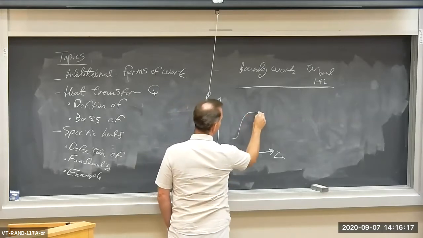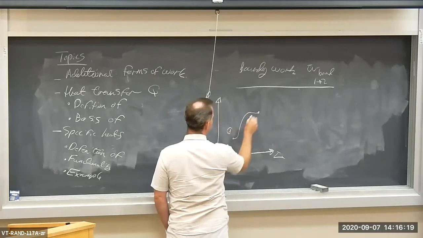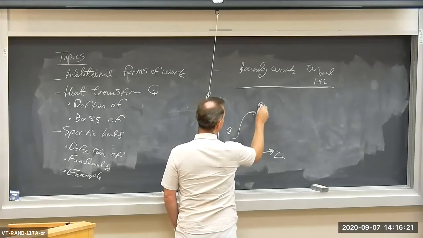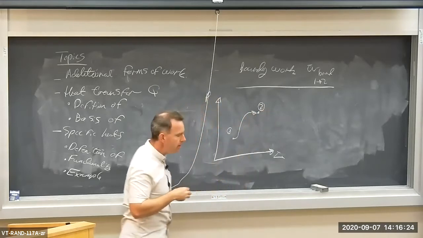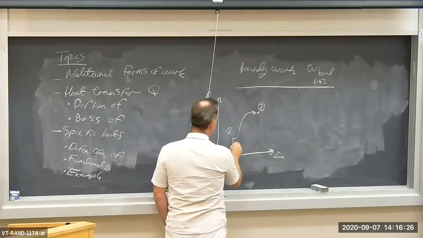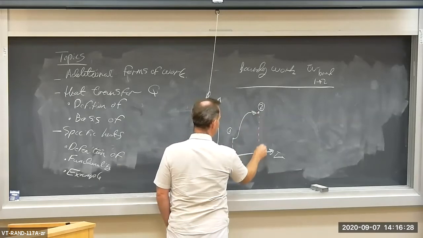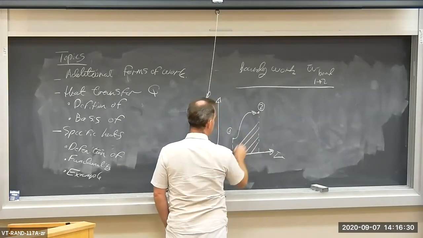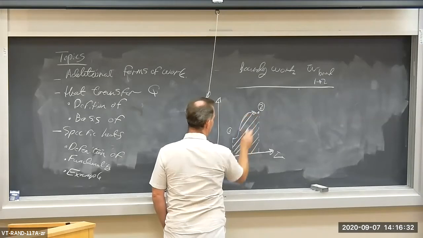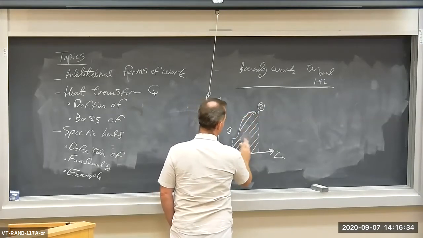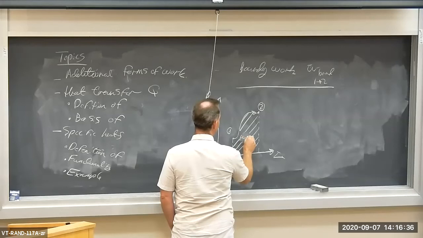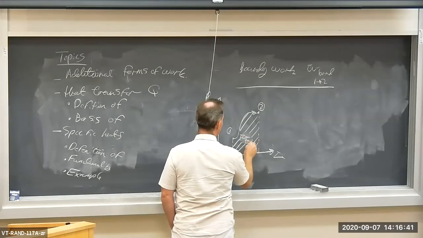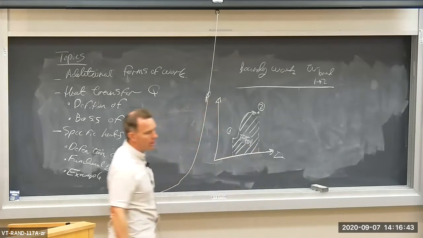A system which moves from state 1 to state 2 along the path that you see here. The area underneath this curve represents the boundary work over the process 1 to 2. So W bound 1 to 2, that's the area underneath the PV curve.